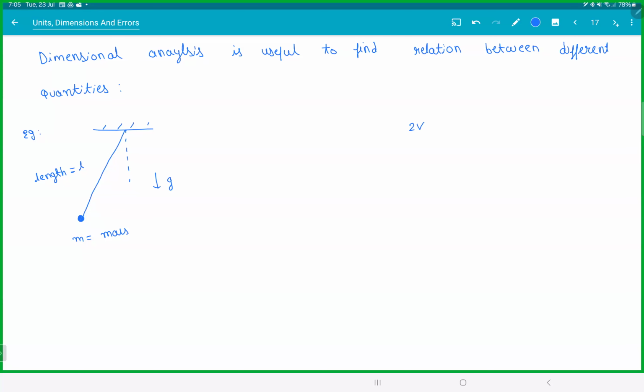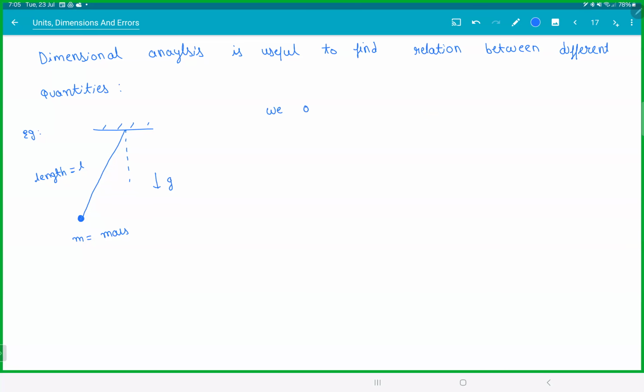Is it doubling? Now we don't know, right? If you know the formula of mv square, then you can say if v doubles, then energy becomes 4 times. So the point is, we can have a rough estimate that it is increasing or decreasing, but we don't know the relation exactly. So here, it's quite useful for at least figuring out an approximate formula.